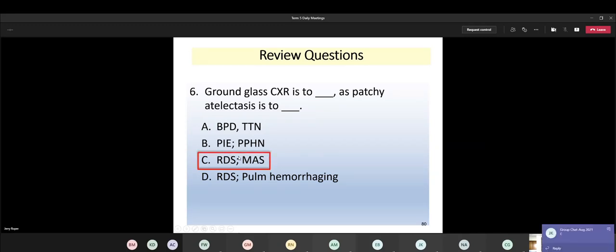So that's kind of like the key words that we want to tie with these types of problems. Ground glass for sure with the RDS, but then patchy atelectasis is something that you would typically see with meconium. And true, meconium could also create air trapping as well. But as far as this analogy, these two make sense.